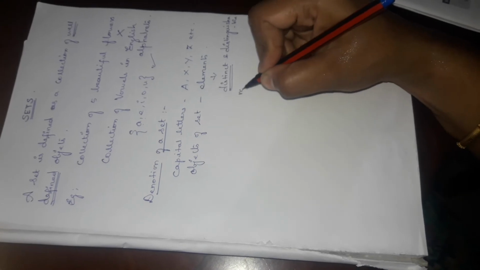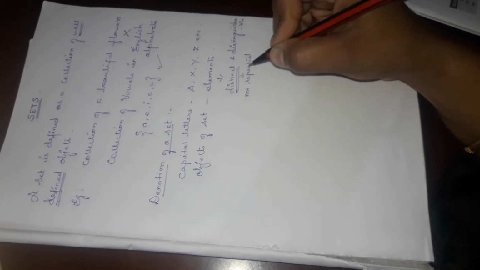So each element of the set should be distinct. And by the word distinguishable, we mean that if I state any element of an object, then we can easily identify that the element belongs to that particular set only. So it has its own property. So elements of a set are distinct and distinguishable.